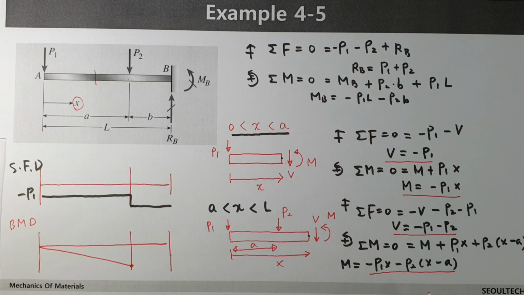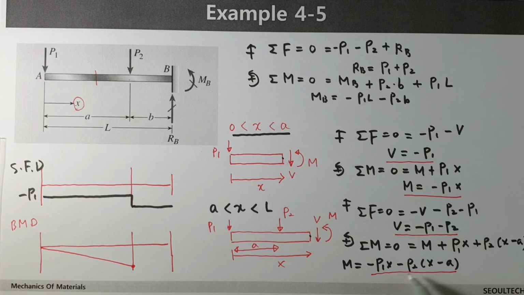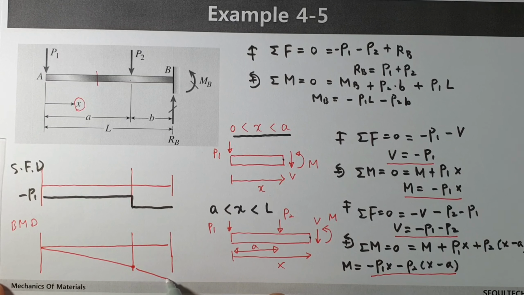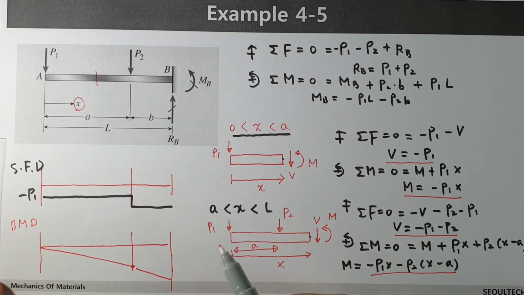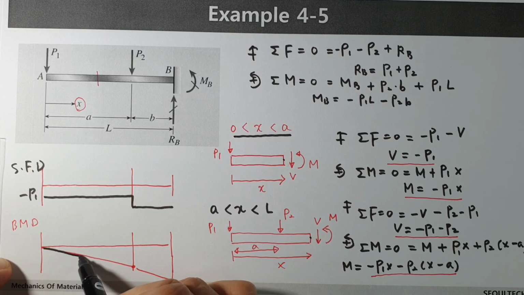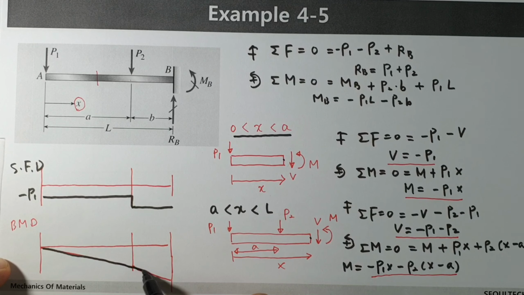And next, as x increases, it linearly decreases, then we can have this kind of relationship. Then we can finally have this kind of bending moment diagram.